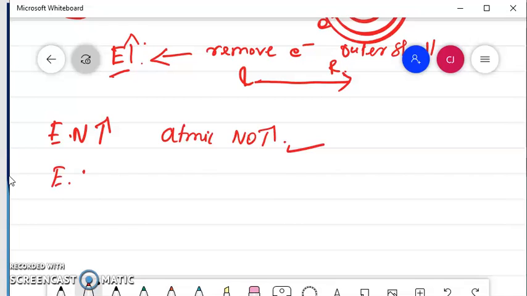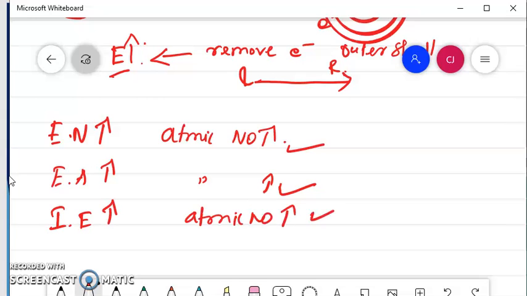The second one, we have seen electron affinity also increases as the atomic number increases. Ionization energy also increases with the atomic number. So how can we come to the conclusion of which property shows a progressive increase with the rise in atomic number across a period in the periodic table?